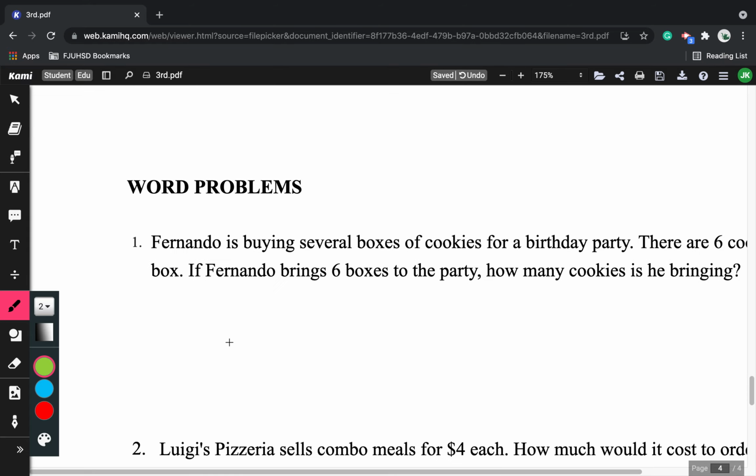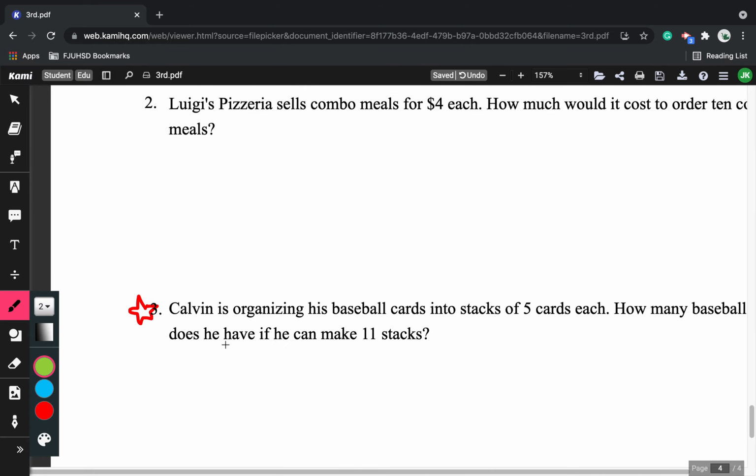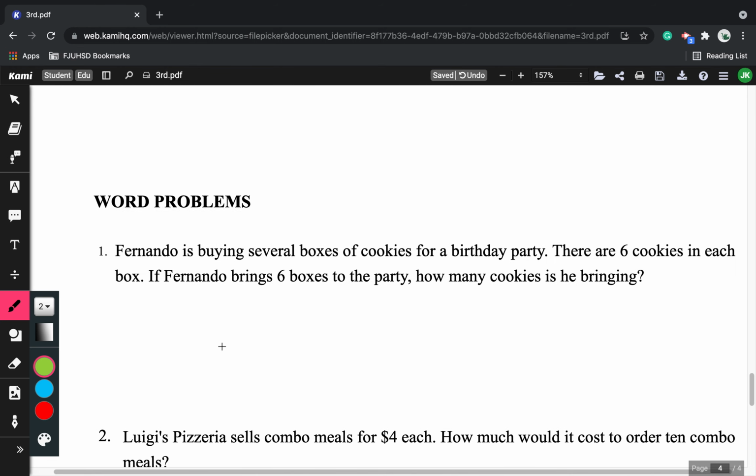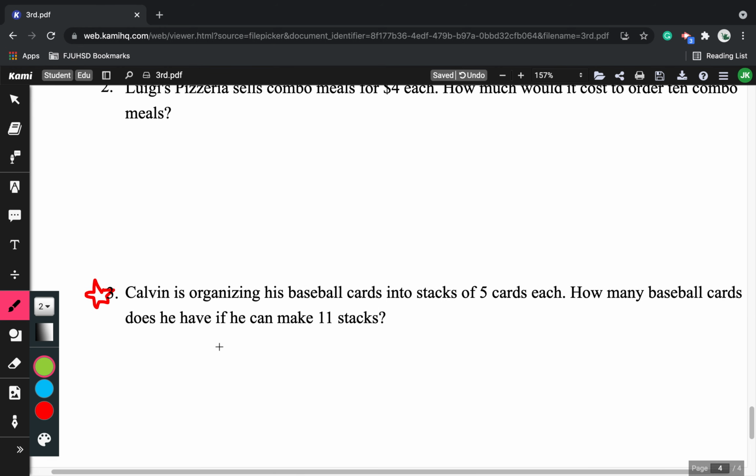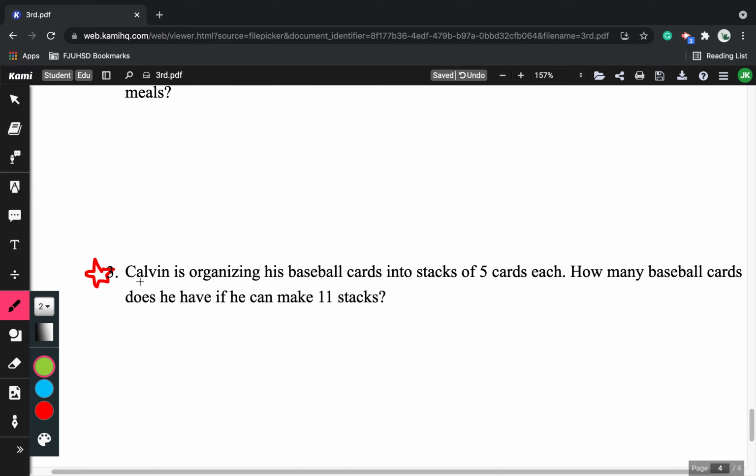Okay, word problems. What you're going to do is underline important information, keywords, and what they want. So Calvin is organizing his baseball cards into stacks of 5 cards each.